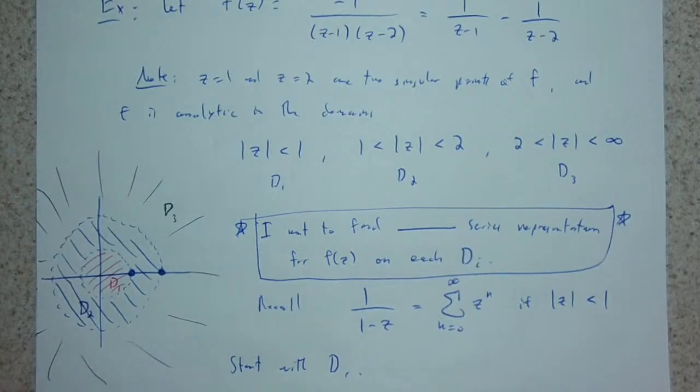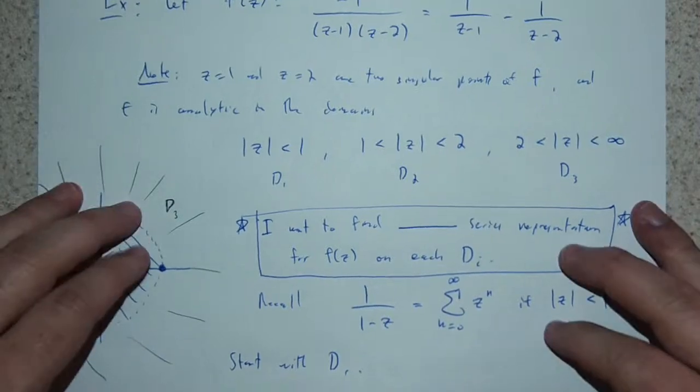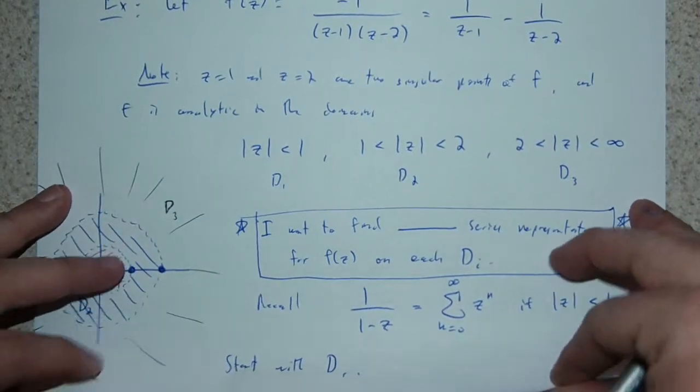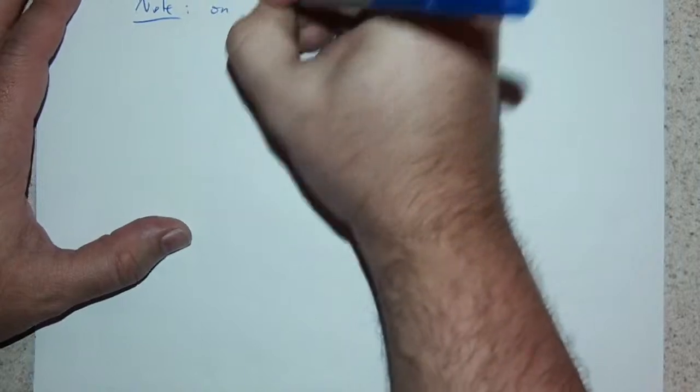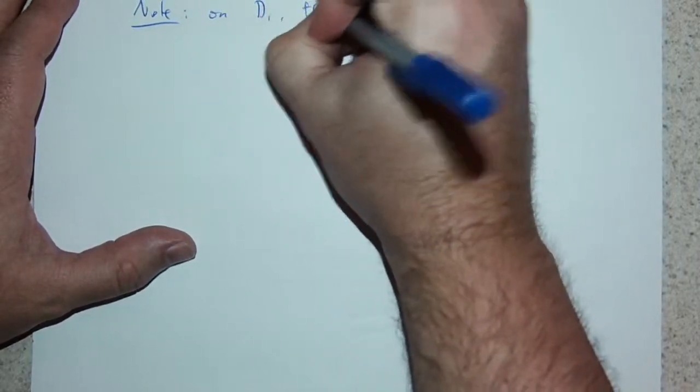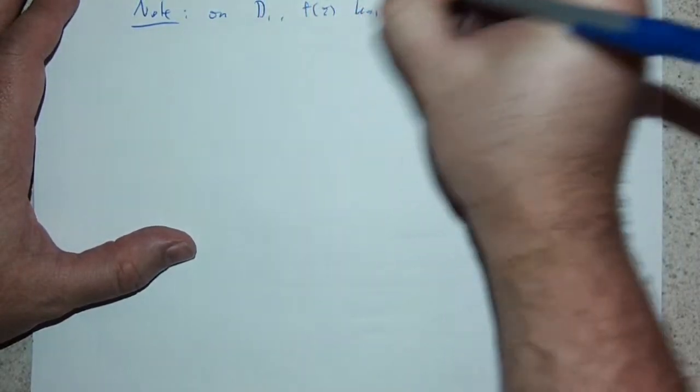Think for a second, this should have a Taylor series, right? In fact, let's compute the Maclaurin series, that is, the Taylor series around z equals 0. So note on D1, f of z has a Maclaurin series representation.